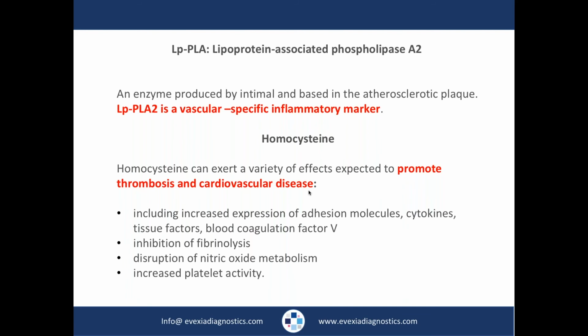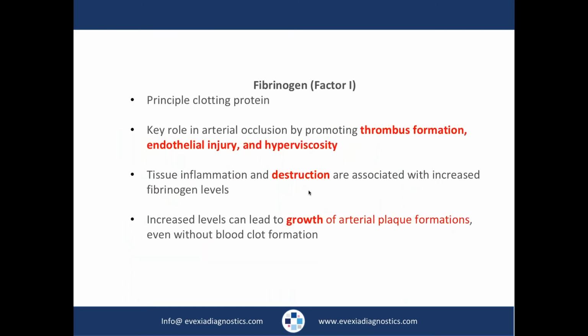It'll inhibit fibrinolysis. In other words, it won't let the fibrin break down properly, again, clogging up the arteries. It's going to disrupt the nitric oxide metabolism. Remember, nitric oxide is a vasodilator. And it also can increase platelet activity. That's why you want to make sure homocysteine is down and within an optimal range pretty much at all times.